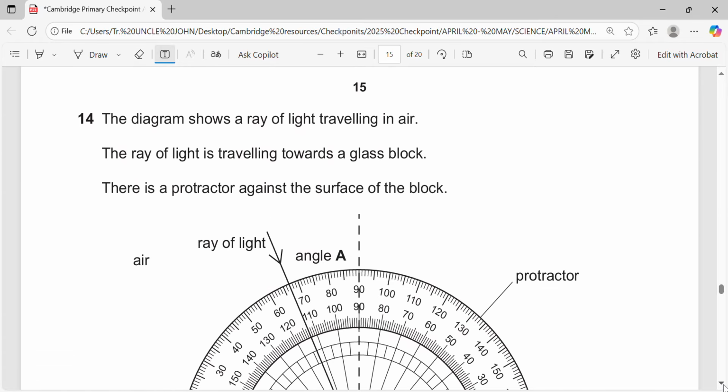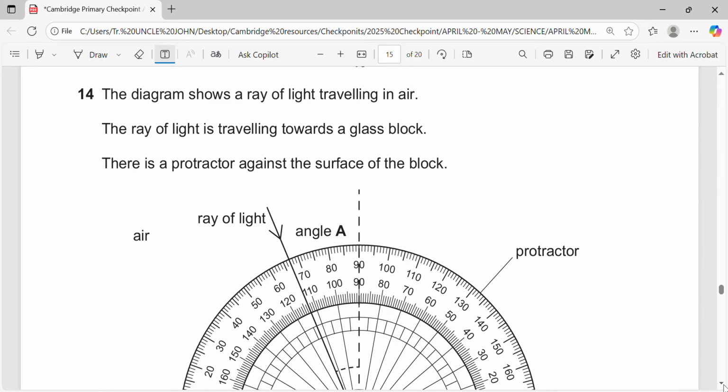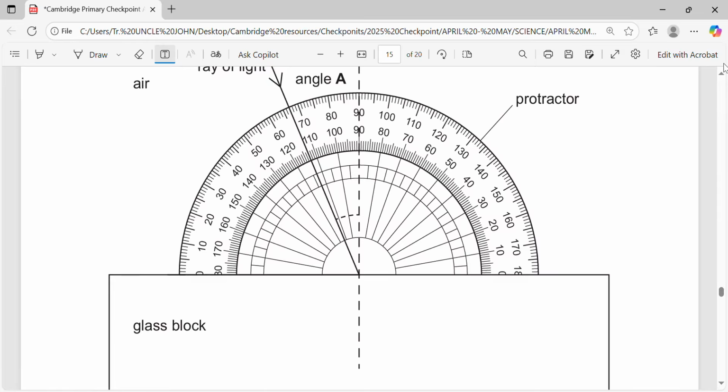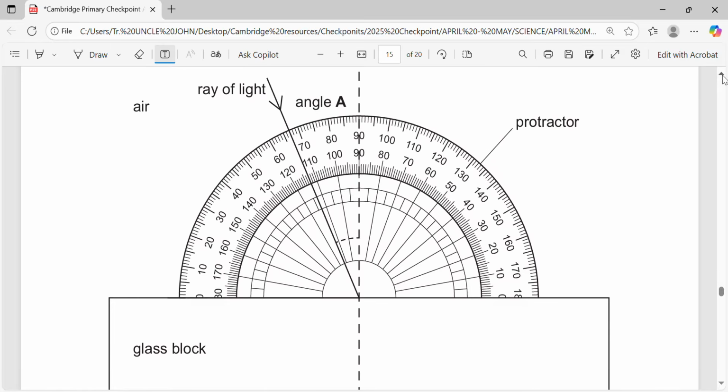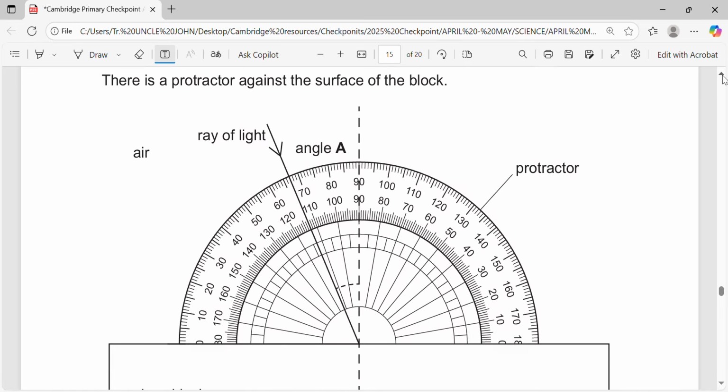Number 14. The diagram shows a ray of light traveling in the air. The ray of light is traveling towards a glass block. There is a protractor against the surface of the block. You can see it. This is a protractor.